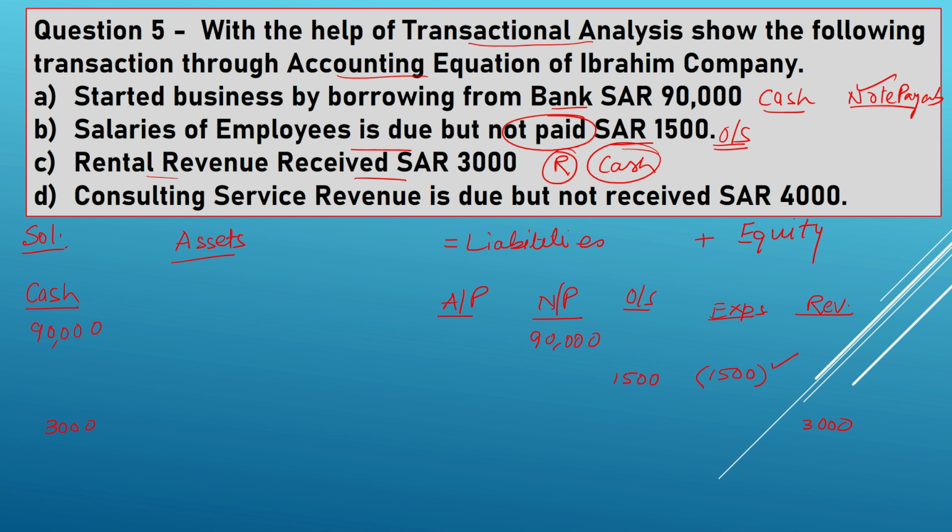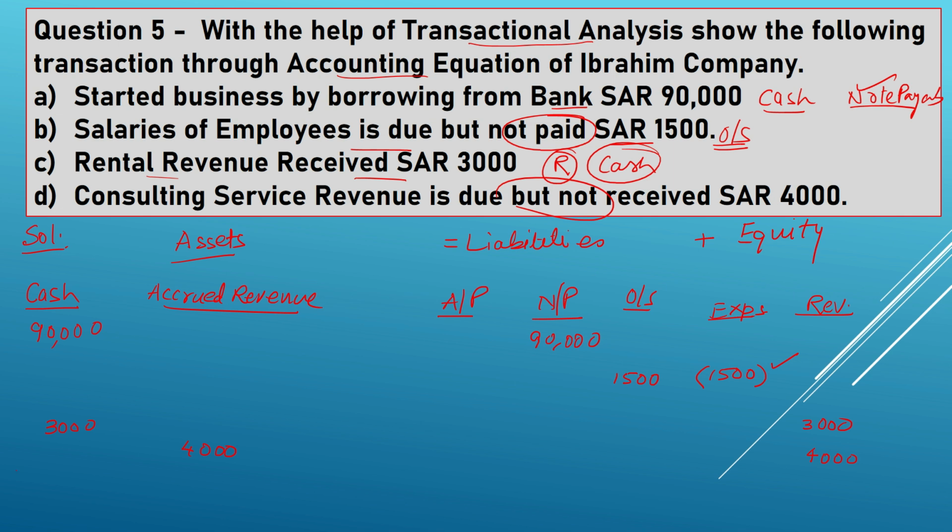The fourth item is consulting service revenue is due but not received. Okay, so it is revenue, of course, come to the revenue and increase revenue, but this revenue is not received. So when the revenue is not received, that is called accrued revenue. So I will write here accrued revenue under the assets, and accrued revenue is an asset. Under the accrued revenue, 4,000 will increase.